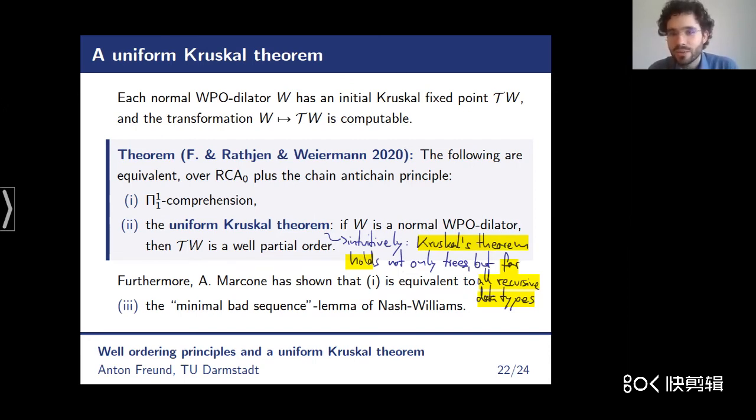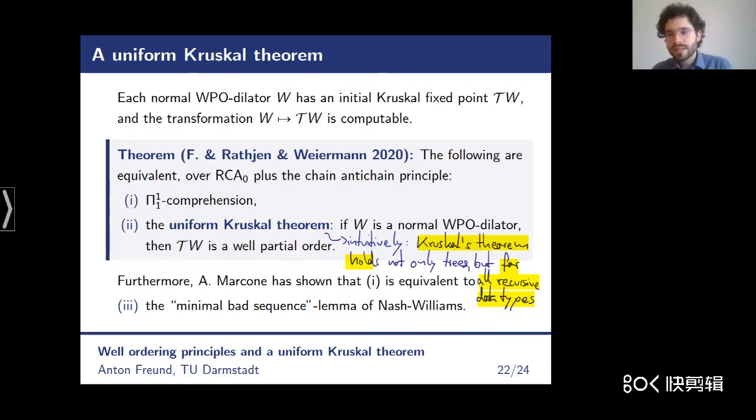And it's indeed the case that the uniform Kruskal theorem, or at least a similar version, was first formulated by a computer scientist, namely by Hasegawa. So this has been considered before, but what is completely new is this reverse mathematics result, that this uniform Kruskal theorem is equivalent to pi11 comprehension. And another reason why I think that this is interesting is that Alberto Marcone has shown that statement 1, so pi11 comprehension, is equivalent to a result that's known as the minimal bad sequence lemma due to Nash-Williams.